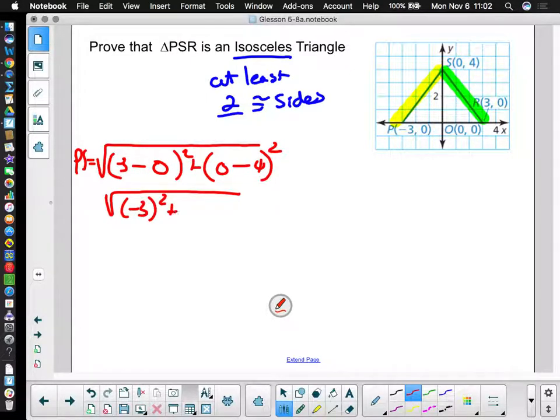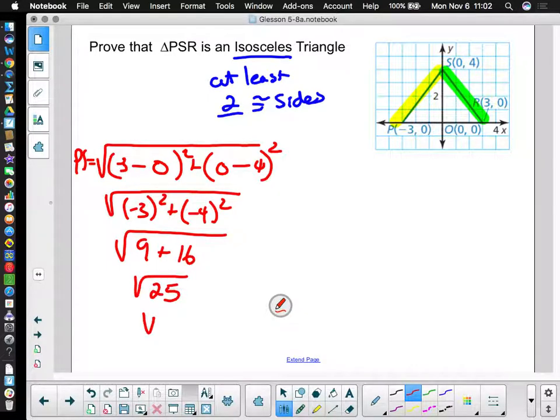That's -3 squared plus... no, that's -3 squared. I was right the first time. Plus -4 squared. Remember, whenever we square a negative, it still winds up positive. So square root of 25, which is exactly 5. There's PS. And now we're going to do SR.